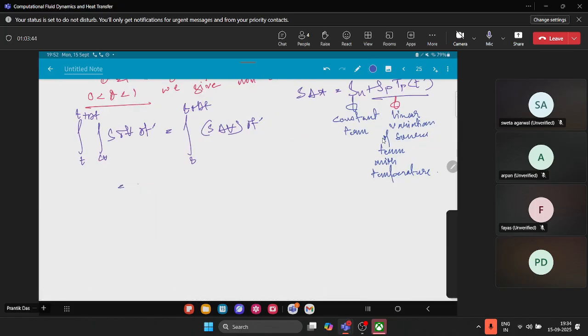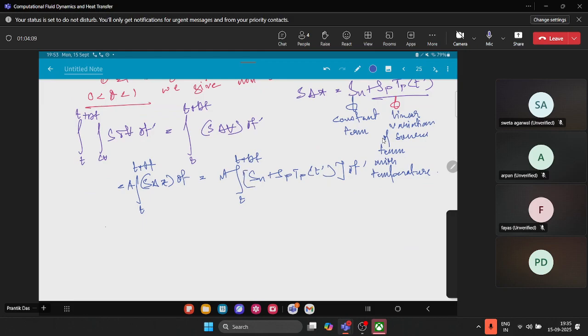So this equals the integral from T to T plus delta T, and this area is delta X into dt. So area multiplied by the integral from T to T plus delta T of SU plus SP TP, dt prime.